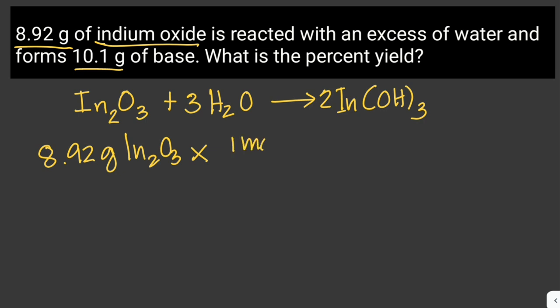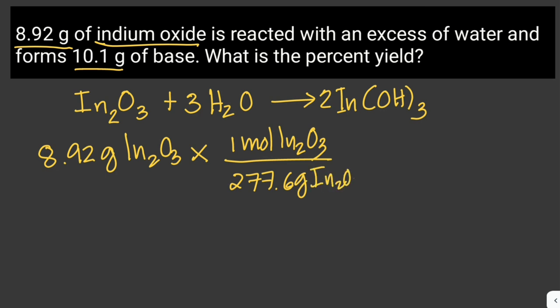So that is 1 mole of In2O3 is equal to 277.6 grams of In2O3. So 277.6 grams per mole, that is the molar mass or molecular mass of In2O3.